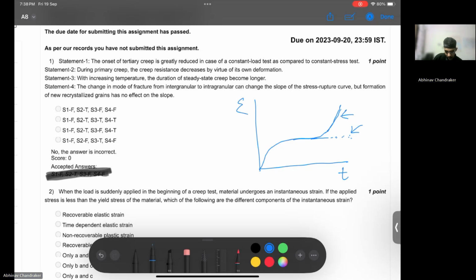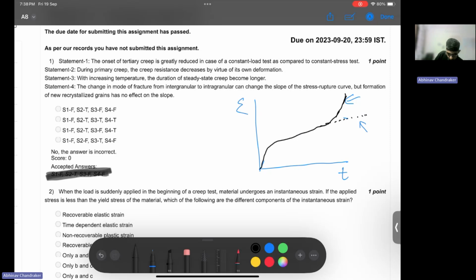This is not factually correct. You cannot have zero strain rate in between. You will have some constant strain rate, then tertiary creep, and for constant true stress it will go on for a higher time compared to the constant load one.